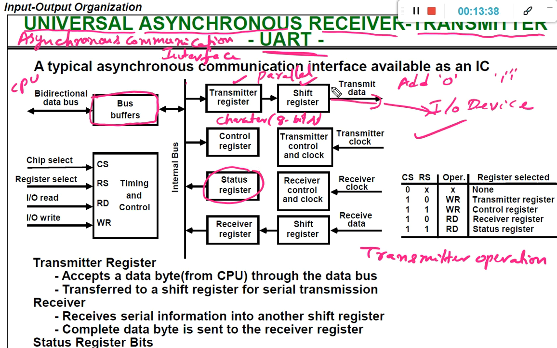Now, whenever the shift register is transmitting the data to the IO device, because the transmitter register is now free, we can transfer one more character from the CPU to the transmitter register. So that can be considered a parallel operation. That is why the interface is said to be double buffered.